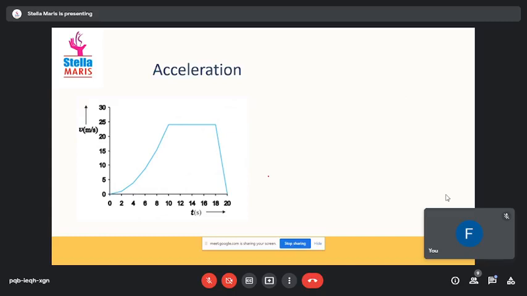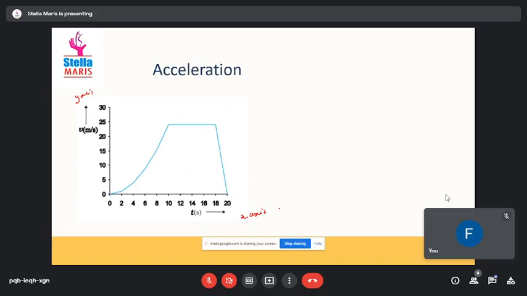Okay, so this is a velocity time graph. Velocity is plotted against the y-axis and time in the x-axis. You have previously seen this, no?